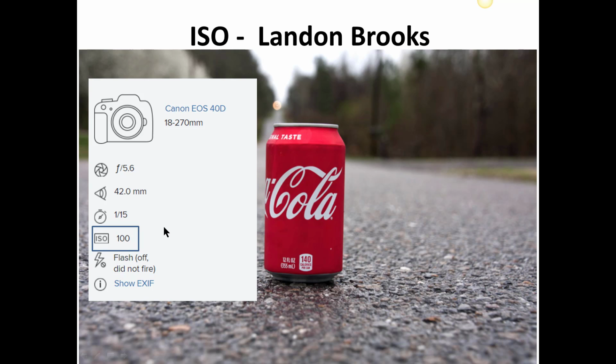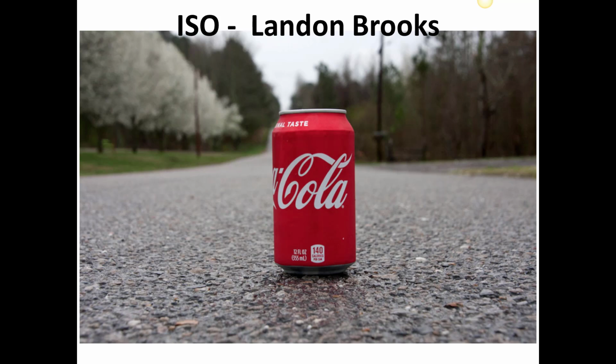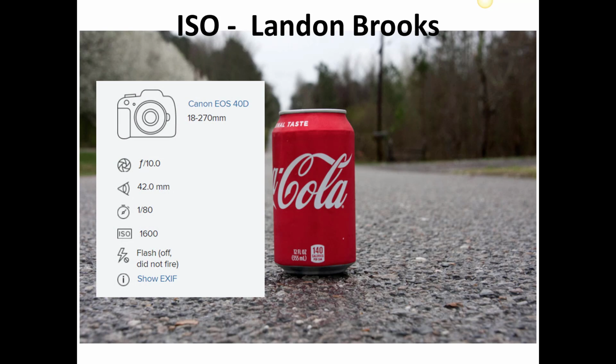So there's 100. That's pretty low ISO. Now, I've asked you to take the same photograph again with a high setting. So here's essentially the same photograph again, but this time we have an ISO of 1600, considerably different from 100. So he's told his camera for this to be 16 times more sensitive.